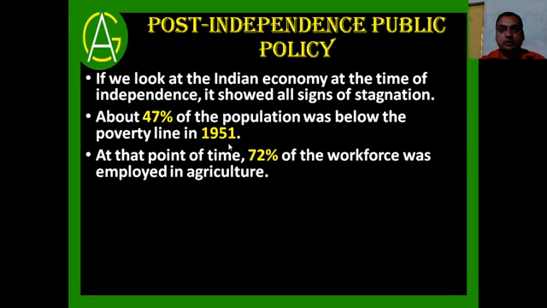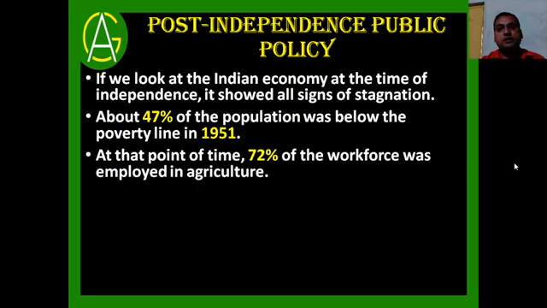That means around 1950-51, we were engaged with the agriculture sector. Around 72% of our population was employed in the agriculture sector only. It shows that there was very minimal growth of the industrial sector.